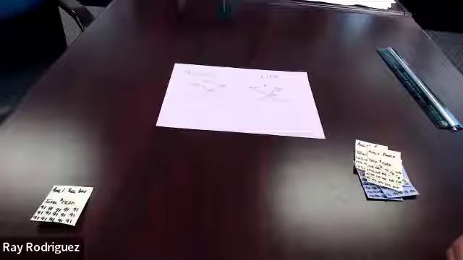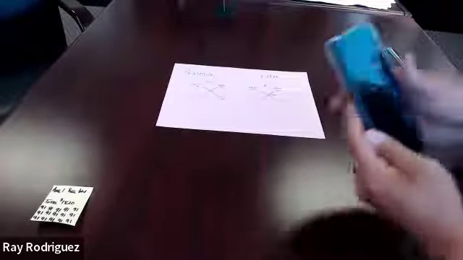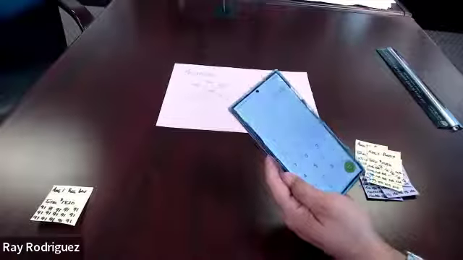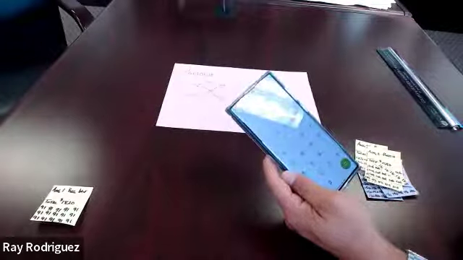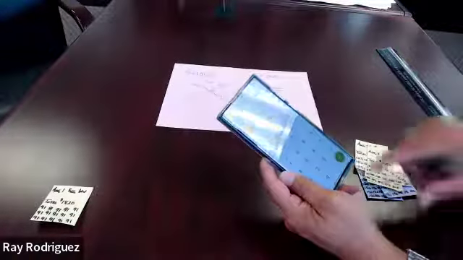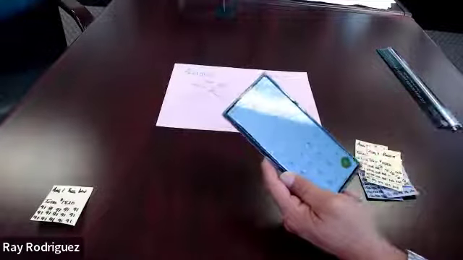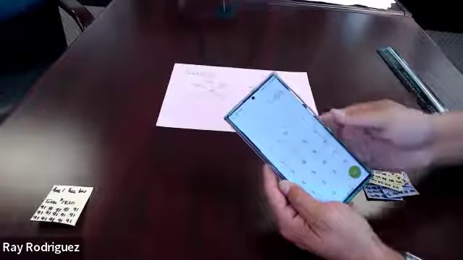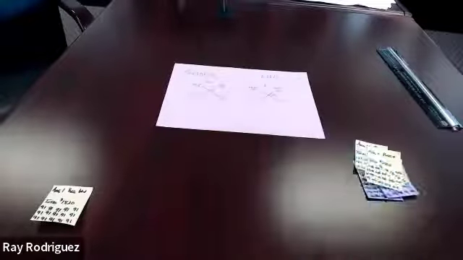So let's figure out the cost. Let's do the ending inventory first. We've got 15 units at $91 each. $1,365 is the cost of our units in ending inventory.